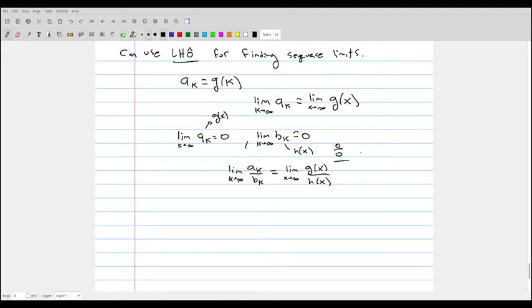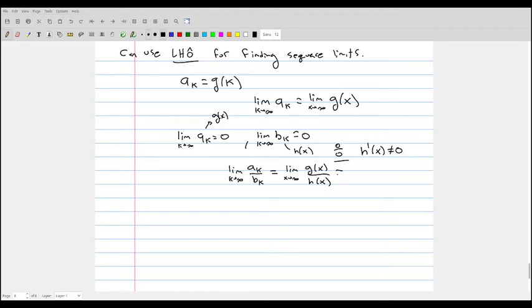And also for L'Hopital's rule, h prime of x has to be non-zero for points around the point that you're calculating the limit at, in this case, as you go to infinity. So it has to be a non-trivial function.